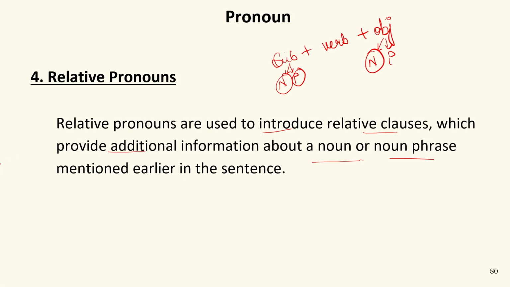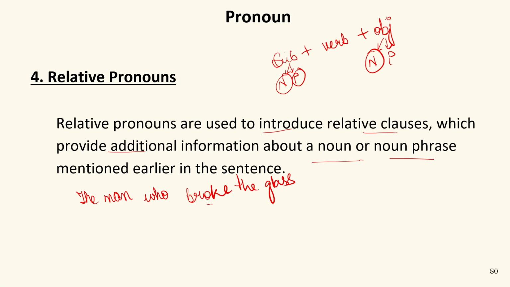For example, let's take an example over here. Suppose we say, the man who broke the glass. Now, in this sentence, we see that there is a person who broke the glass.